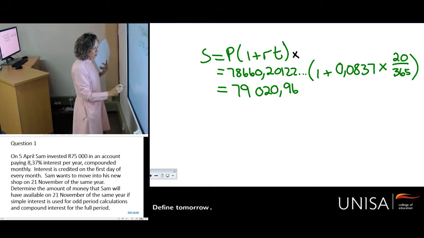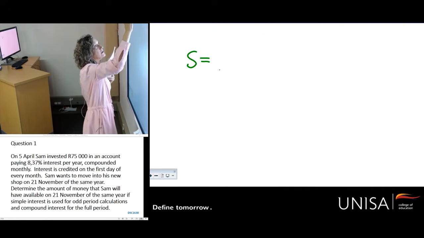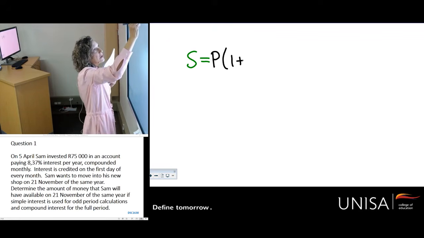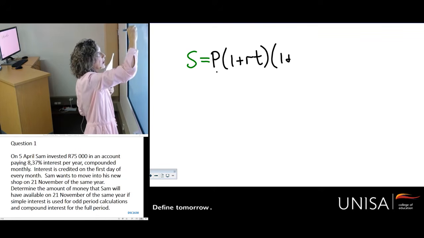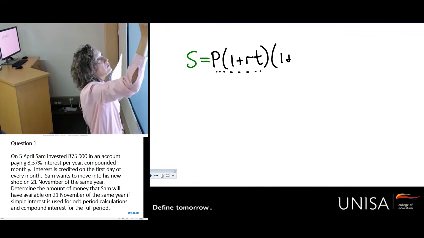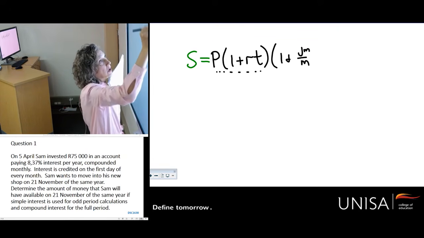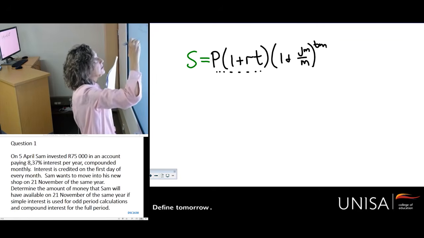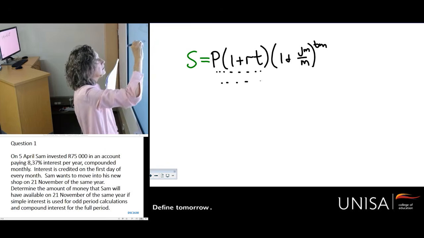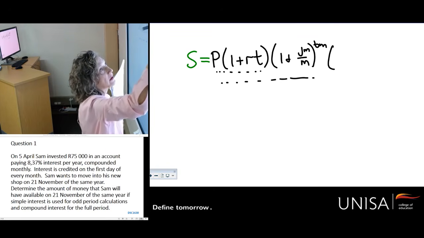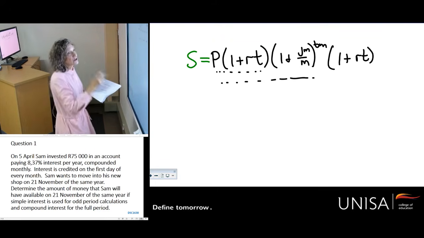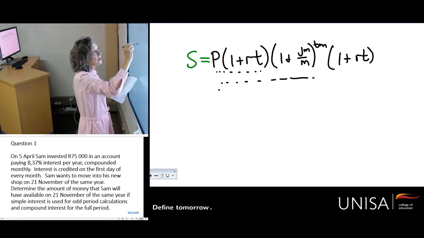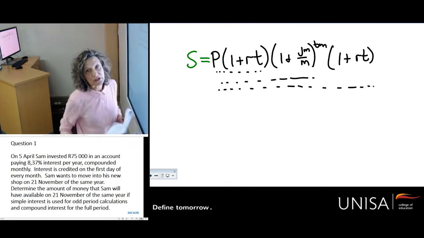So we can actually write that total in one sentence: it's P times (1 plus RT), and then we multiplied whatever answer we had for this by our (1 plus JM over M) to the power TM, and then the answer of this whole thing we then multiplied by (1 plus RT) again to get to the answer. So you can actually enter that whole thing into your calculator to get to an answer.